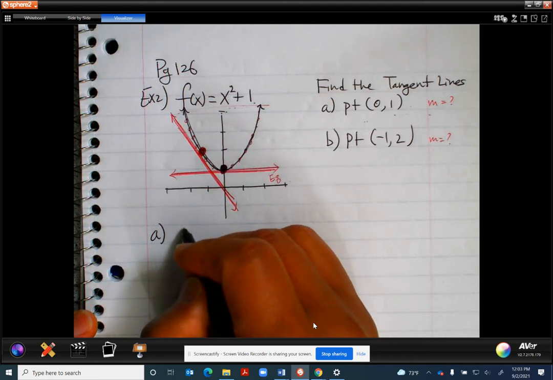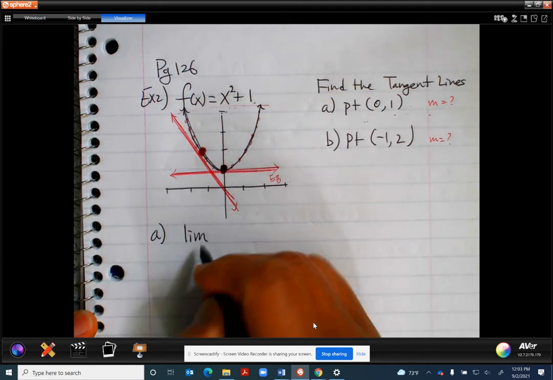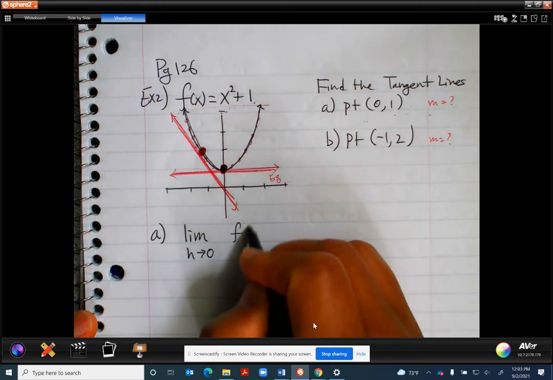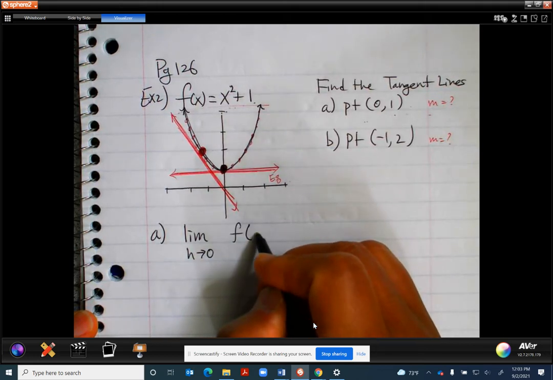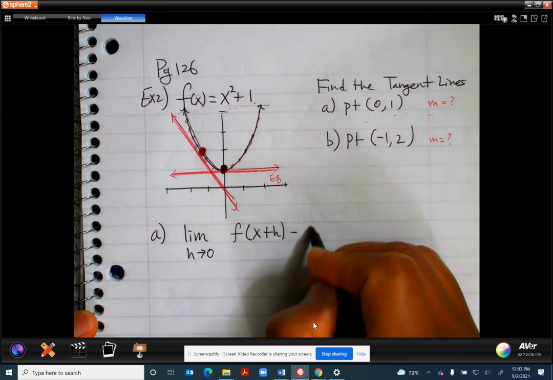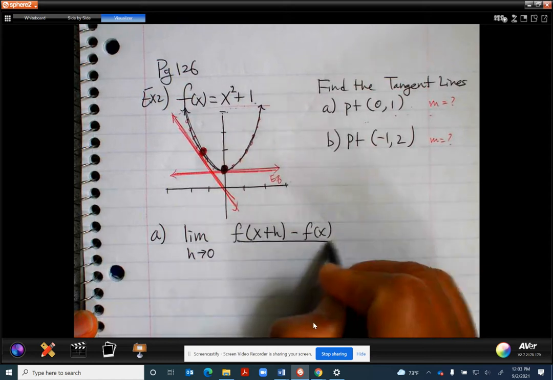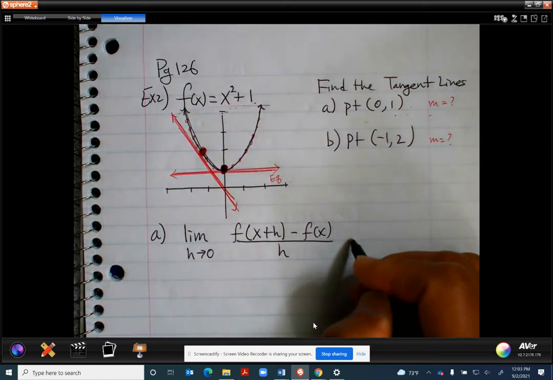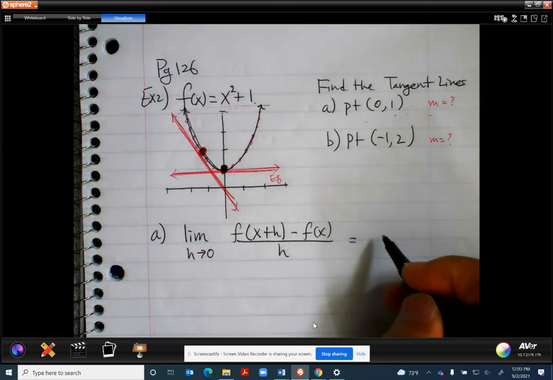What's our formula? Limit as h goes to 0 of f of x plus h minus f of x, all over h. That's the formula we're going to use to find. What do we use this to find? The slope.